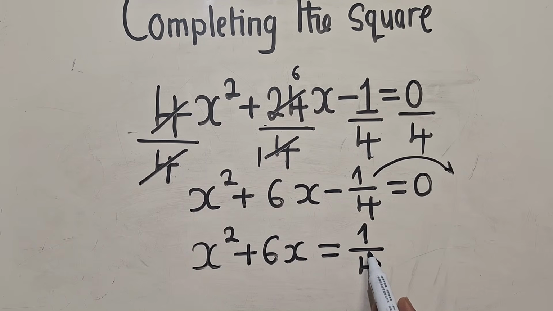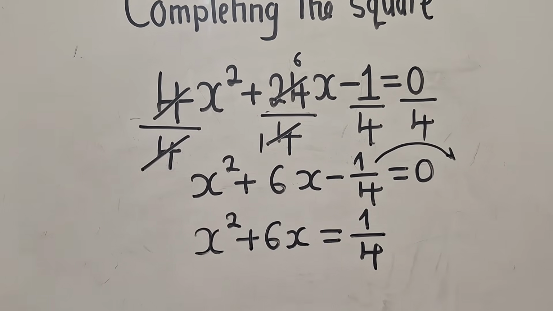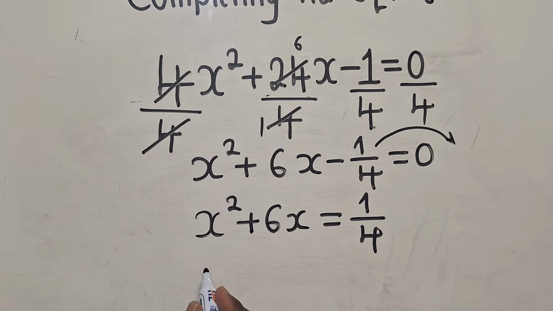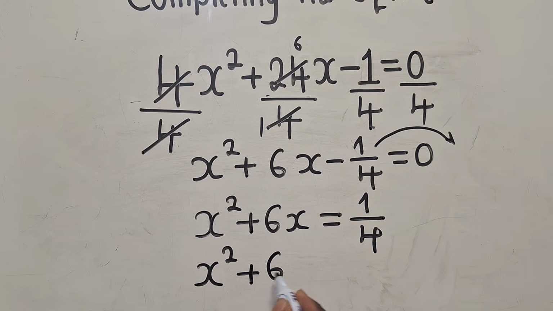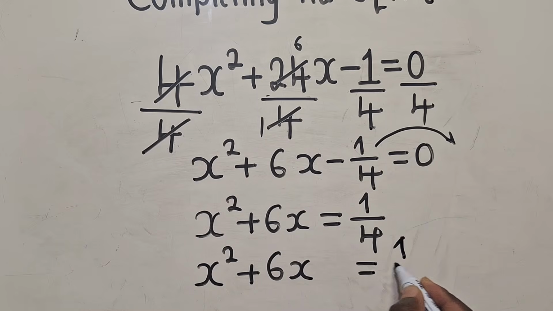So it will be positive, whereas at this point it was negative. So once we do this, we can now write x power 2 plus 6x, we leave some space and say equal to 1 over a 4.